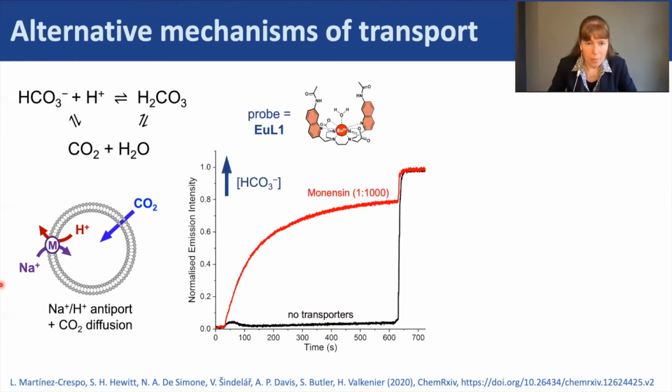So when we added the cation transporter monensin, which can basically exchange sodium and protons, we indeed saw transport of bicarbonate in this assay.